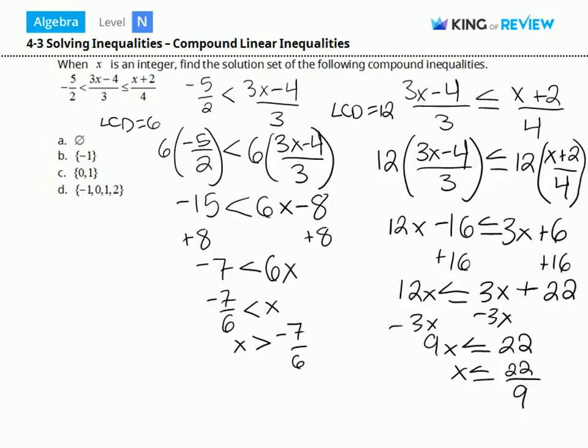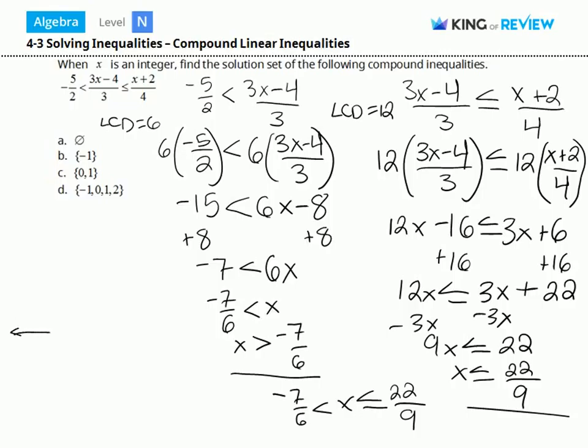So when we combine these two inequalities, our first inequality and our second inequality, we get negative 7 over 6 is less than x, and x is less than or equal to 22 over 9. So now let's plot this.